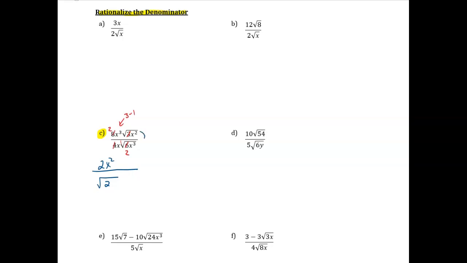So this is 3. So it's going to be 3 take away 2, which is just x. You can't do anything else with this. You can't divide the 2's because this is a radical. And same with the x's, you can't divide those.